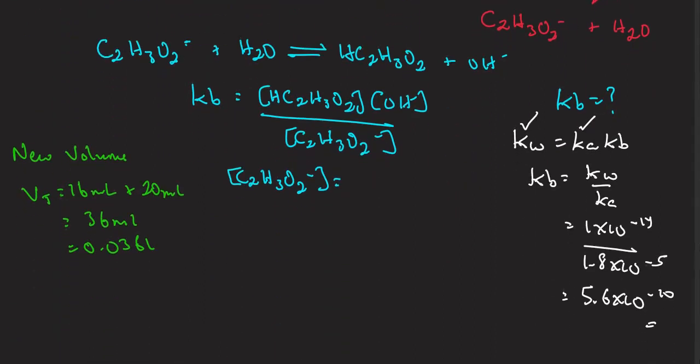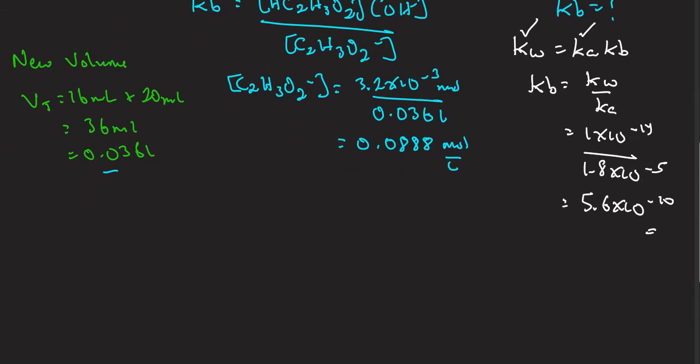So here we go, 3.2 times 10 to the negative 3 moles. We're going to divide that by the new volume. And we have that concentration of acetate ion. All right, so now what we can do is write an ICE table.